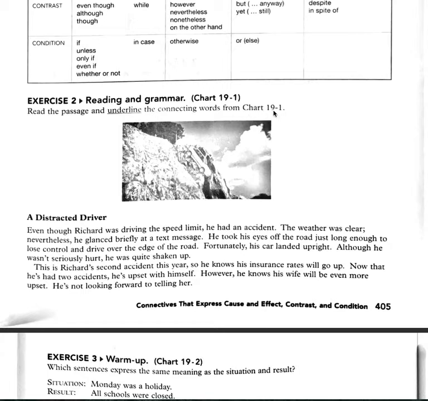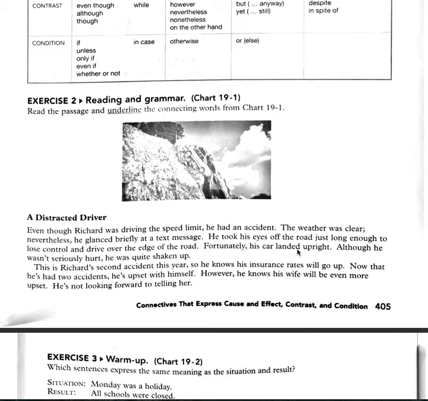from chart 19-1. A distracted driver. Even though Richard was driving the speed limit, he had an accident. The weather was clear. Nevertheless, he glanced briefly at a text message. He's multitasking. He took his eyes off the road just long enough to lose control and drive over the edge of the road.